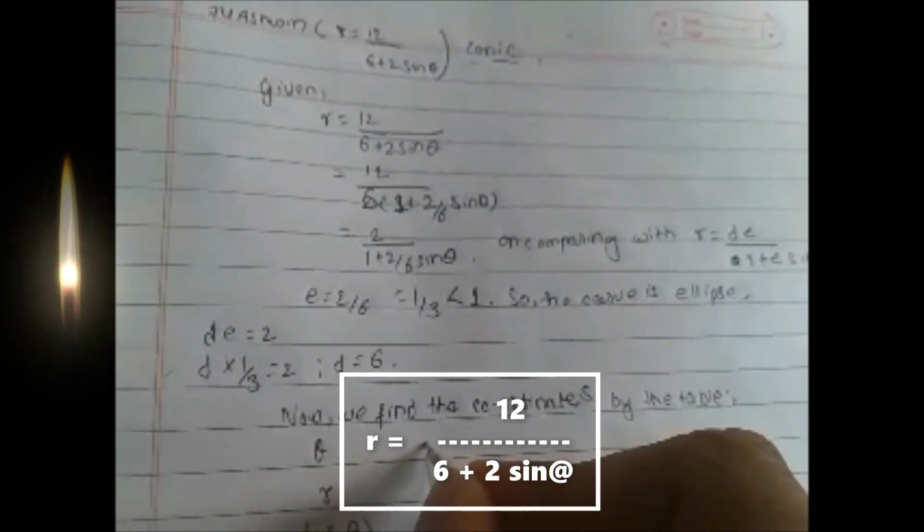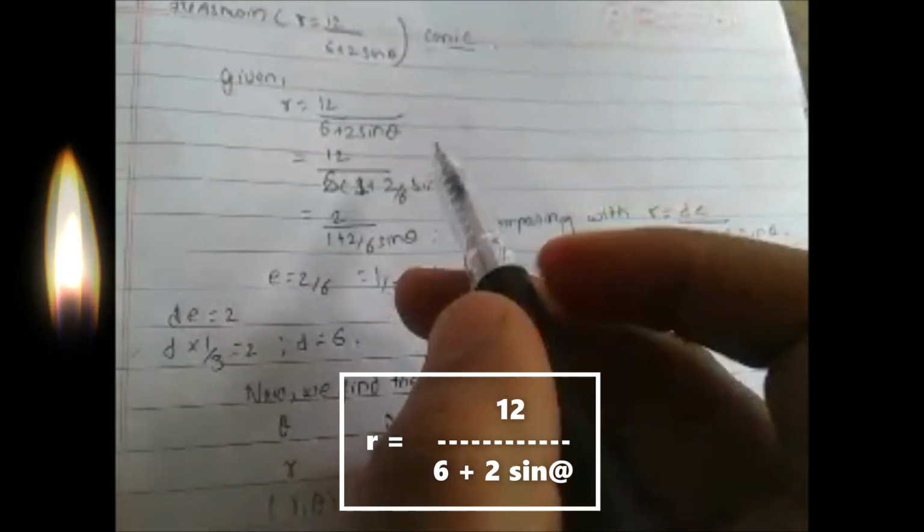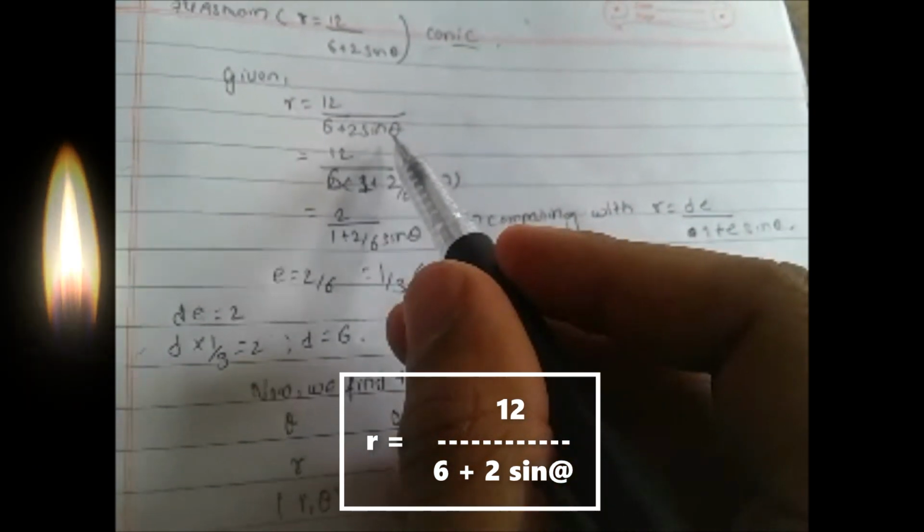When theta is 0, when theta is pi by 2, when theta is pi, and when theta is 3 pi by 2, we will find. Here we put the value of theta as 0. Sin 0 is 0 and the value will be 2.